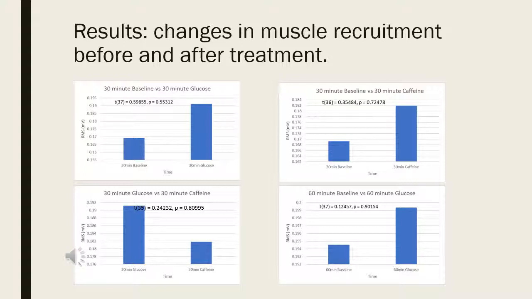So the results varied, and I compared 8 different graphs.